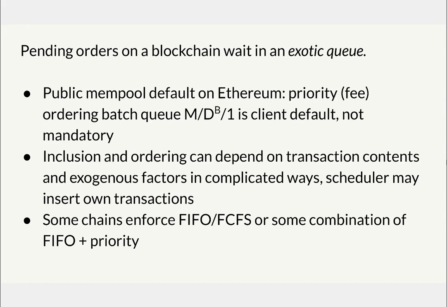But it's not mandatory, it's not part of the protocol to run this queue. In fact, it is highly up to the discretion of the scheduler what to do about inclusion and omission, holding back transactions for multiple blocks, and reordering them, and even creating their own transactions to include. So it's a very unusual queue discipline, which is far beyond the things that people studied in network design and telephony.